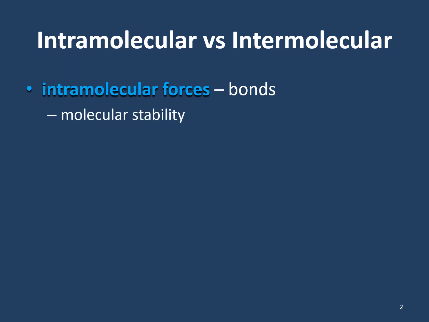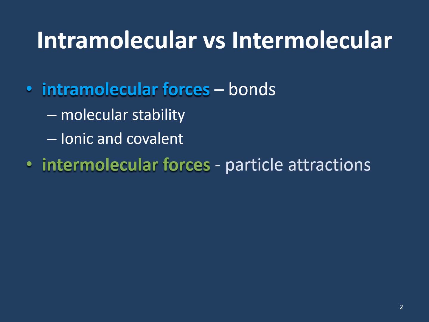So what are the things holding the molecule together? These are intramolecular forces. These affect stability, like with our bond order. There are different types of intramolecular forces, like ionic bonds or covalent bonds. Whole bunch of stuff there. We've spent a huge amount of time covering it. We just didn't call it intramolecular forces, but that's what it's called.